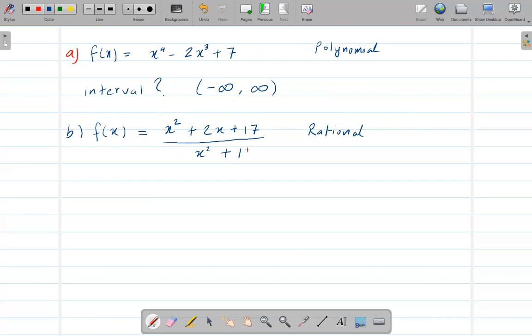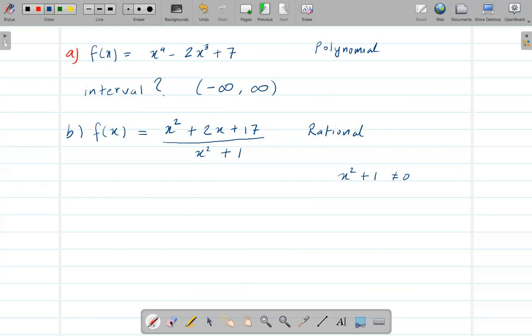Whenever we deal with a rational function and we are trying to find if it is continuous or not, we need to look at the denominator, whether the function is undefined at a certain point or not, right? But when you look at the denominator, there is no way I can get 0. Doesn't matter what x you choose, even -2 or -3, because of this square, it will be positive, and there is a plus here.